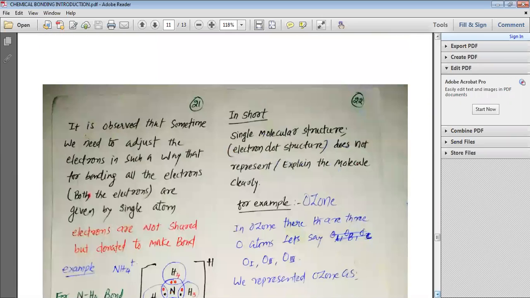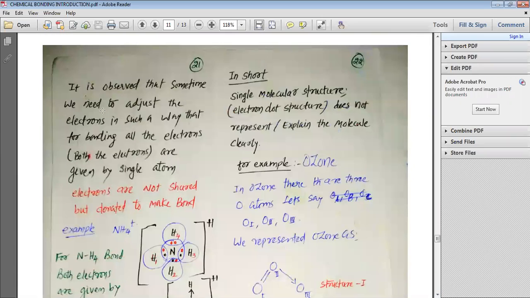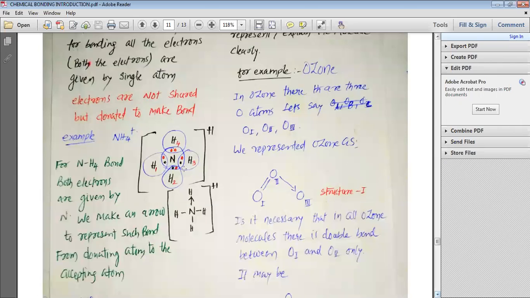This is how we can make out the HNO3 Lewis dot structure. It is observed that sometimes we need to adjust the electrons in such a way that for bonding, both electrons are given by a single atom, as we have done in the case of ozone as well as HNO3. Electrons are not shared but donated to make the bond.